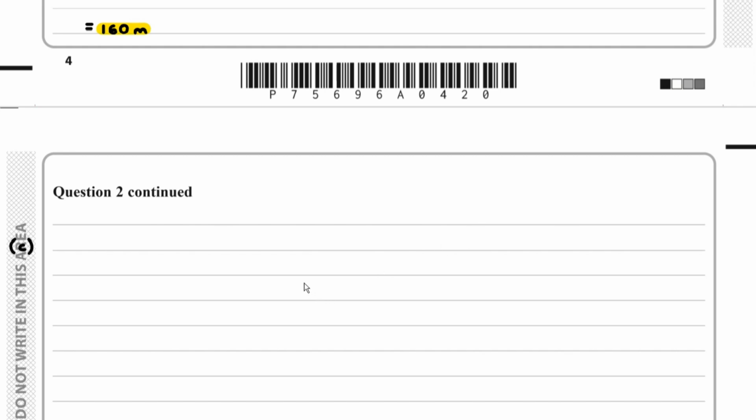So, for part C, we have 160, which is the distance covered in the first 18 seconds, plus 1/2 times 10 plus U times 6. That is the distance covered in the final 6 seconds. And all of this is equal to 200.